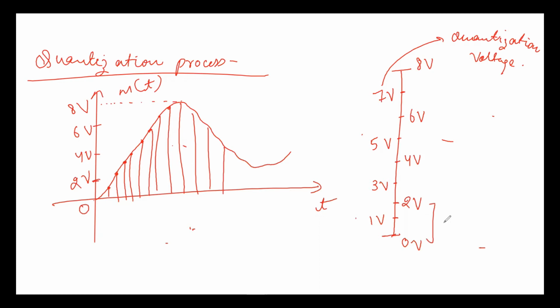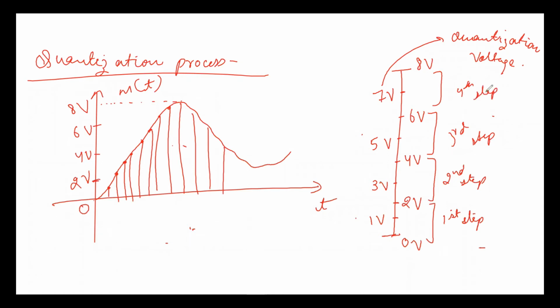This is the first step, 0 to 2 volt. Sorry, I made one mistake: 2 to 4 volt is my second step, 4 to 6 volt is my third step, and 6 to 8 volt is my fourth step.